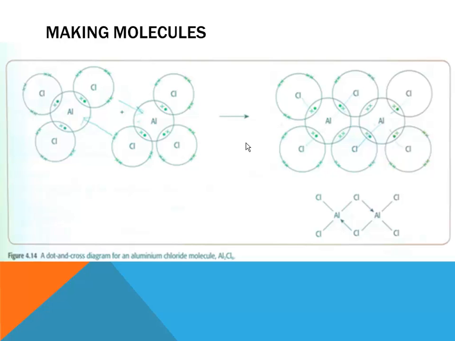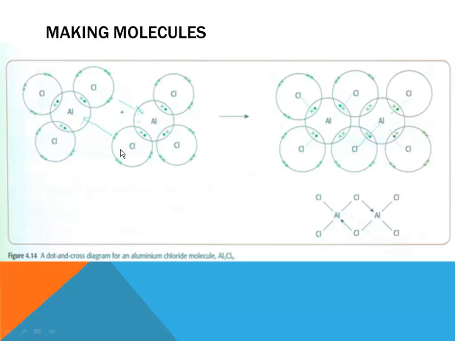Making molecules is basically attraction between electrons. So here we have aluminum chloride. You can see aluminum has 6 electrons around it. So it's actually a pretty positively charged atom, because aluminum has a lot of protons. There are negatively charged parts of chlorine here. You have all these electrons here.